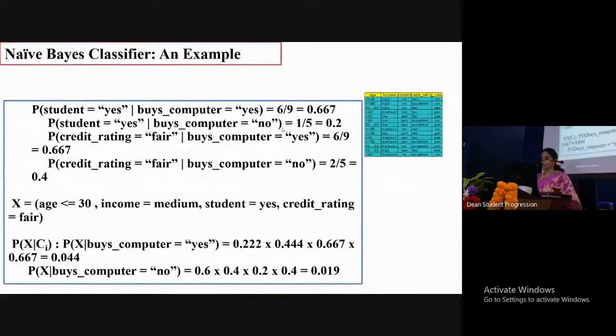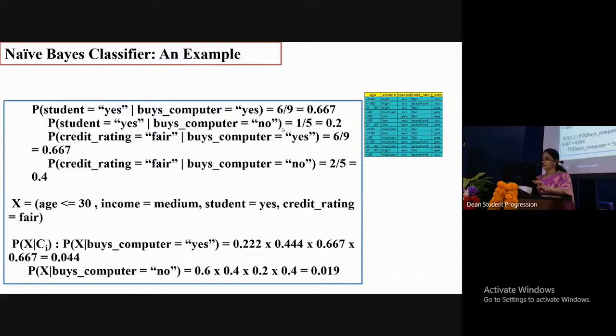Here I take the posterior probability, which is P of buys computer equal to yes given X. X could be age less than or equal to 30, income equal to medium, student equal to yes, credit rating equal to fair. I take all these values, with the calculations that you have done, and multiply all of them.